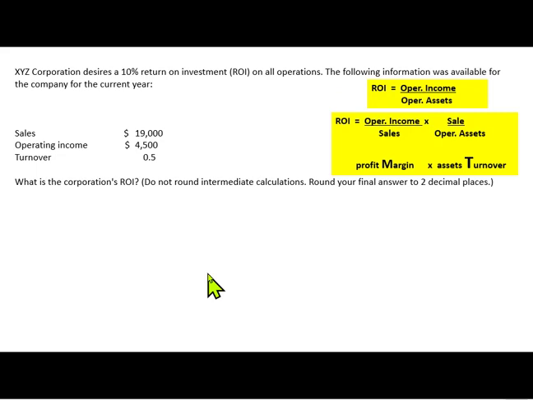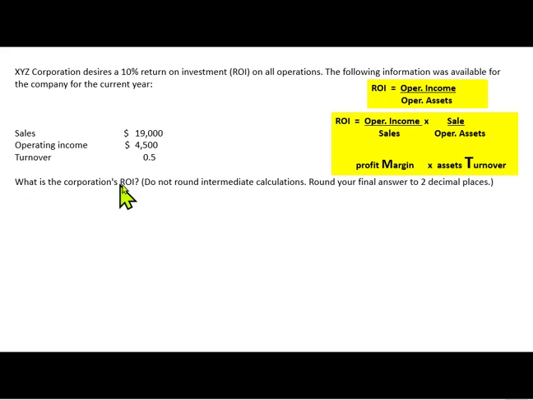Next question. XYZ Corporation desires a 10% return on investment on all operations, and the following information was available for the company during the current year. They gave us a sales number, they gave us operating income, which is $4,500, and they gave us turnover, and that's asset turnover, of 0.5.